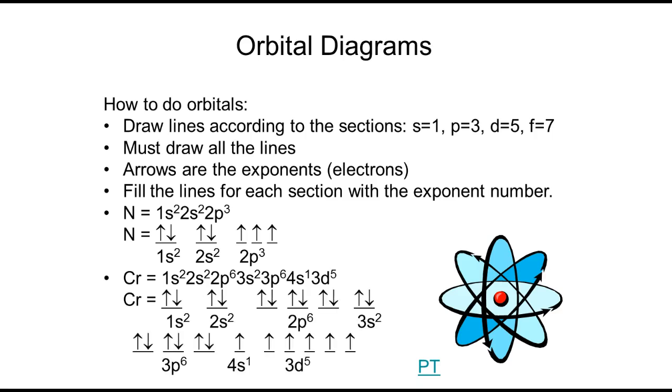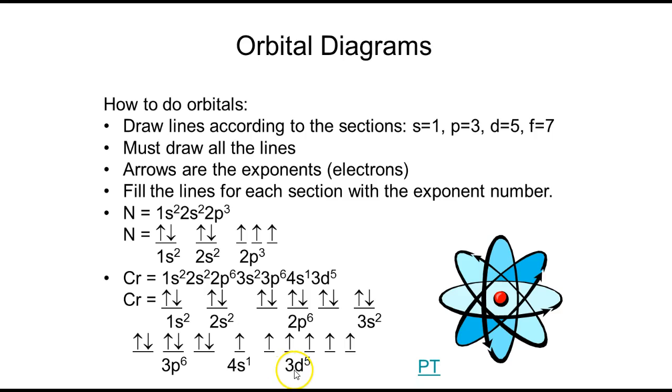Well, if you space it all out, you have 1s2, 2s2, 2p6, 3s2, 3p6, 4s1, 3d5. So again, you fill each line up with 1 electron before doubling up, and you have to draw all the seats that you're allotted for S, P, D, and F.